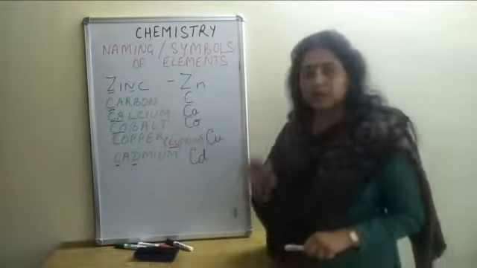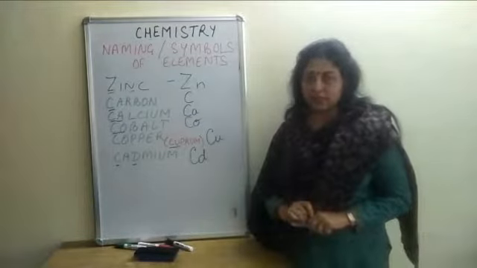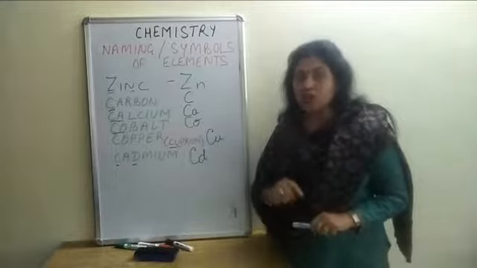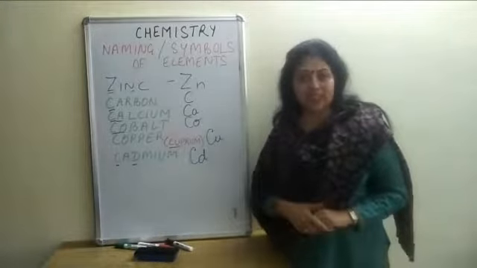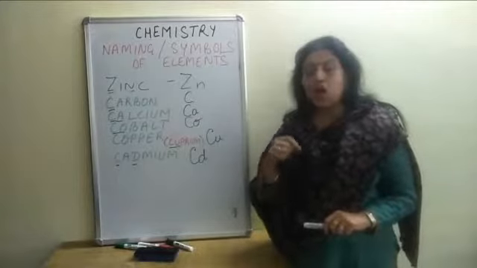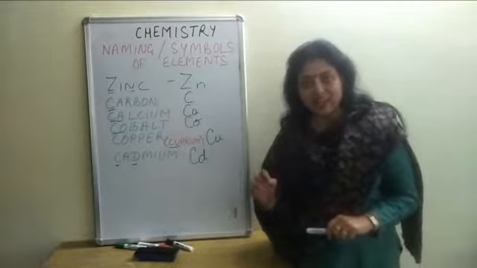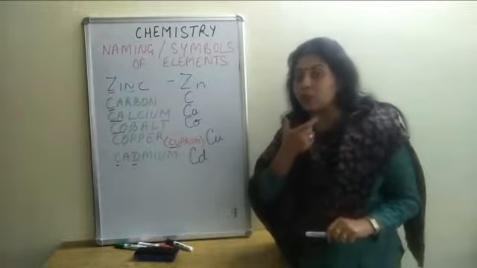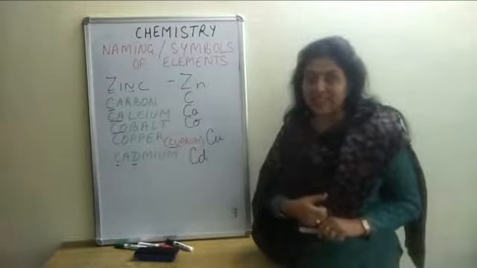Let me explain this, and this is very simple to understand. When I write carbon, it is the first letter. But when I write calcium, it is not the first and the second letter that I am using. It is the first letter along with that letter which is emphasized first when we pronounce the word calcium.